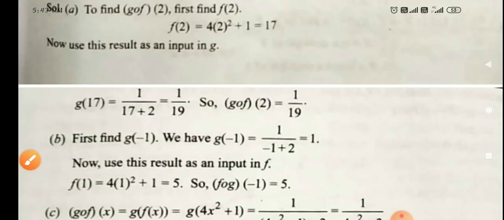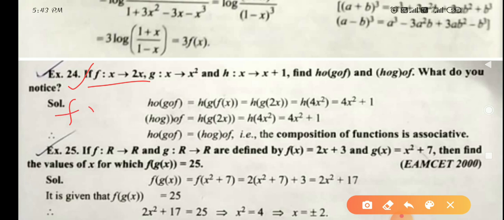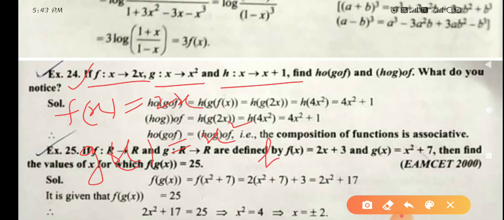This example is this one. You can see example 24. If f such that x tends to 2x, it means that f(x) equals 2x. g such that x tends to x square, it means that g(x) equals x square. h such that x tends to x plus 1, it means that h(x) equals x plus 1.